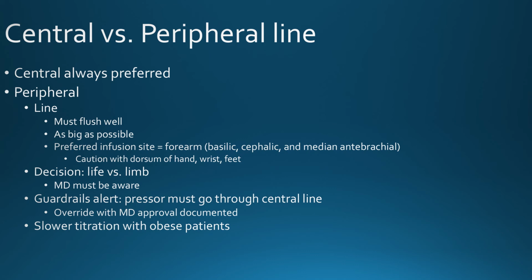Decision: life versus limb. The MD must be aware, with guardrails and alerts that pressors must go through the central line. Override and MD approval are documented, with slower titration in obese patients.